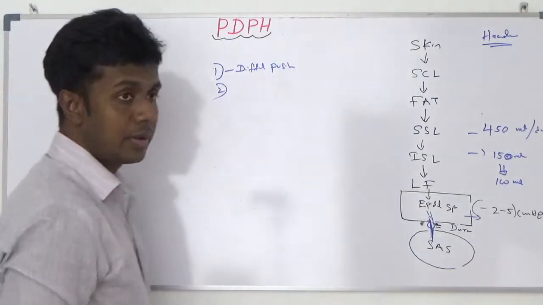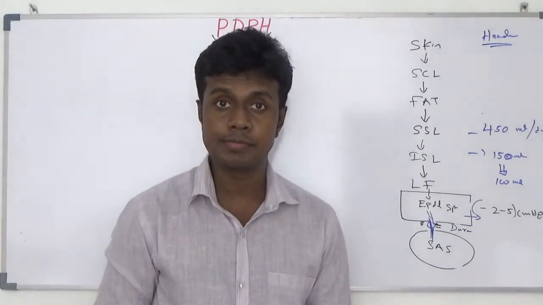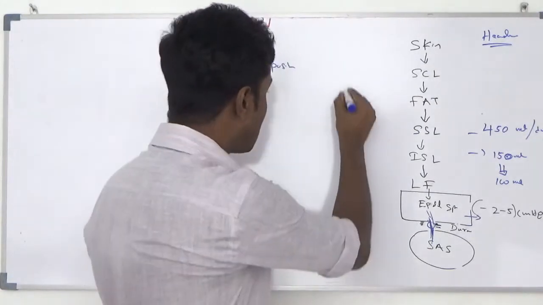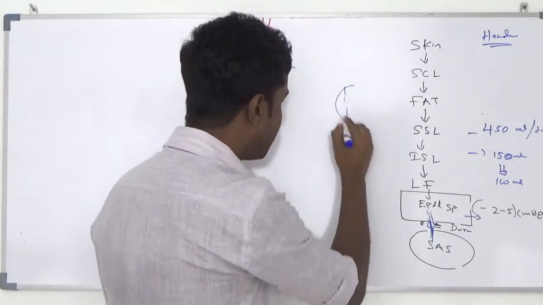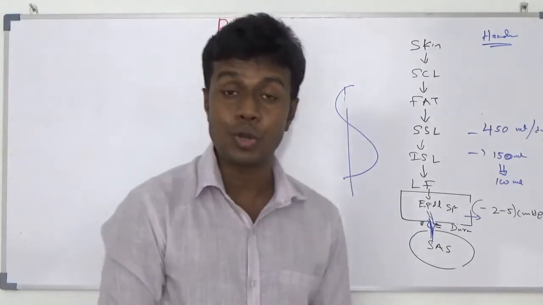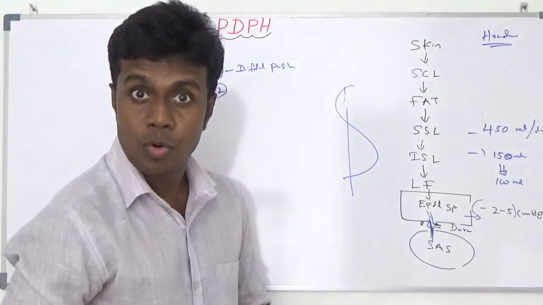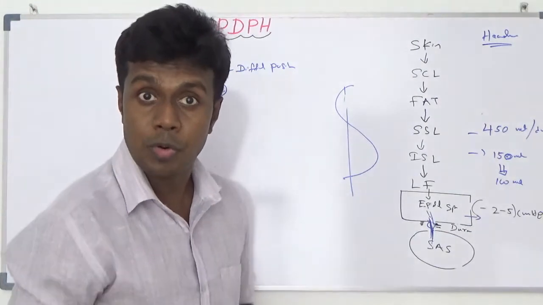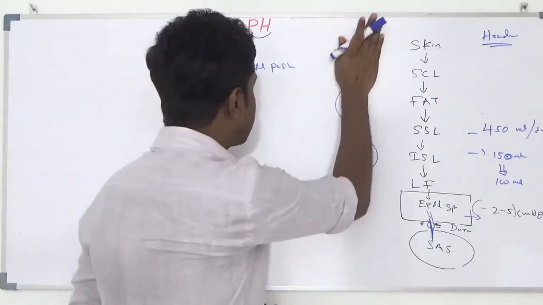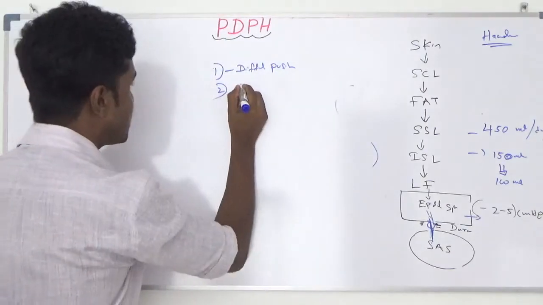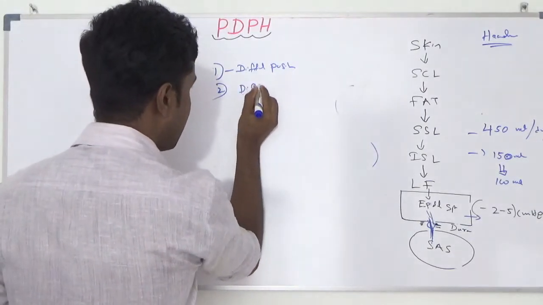Number 2: difficult anatomy. Sometimes the spine is like this, sometimes like this. Kyphoscoliosis. In that case, you can have more dural punctures.